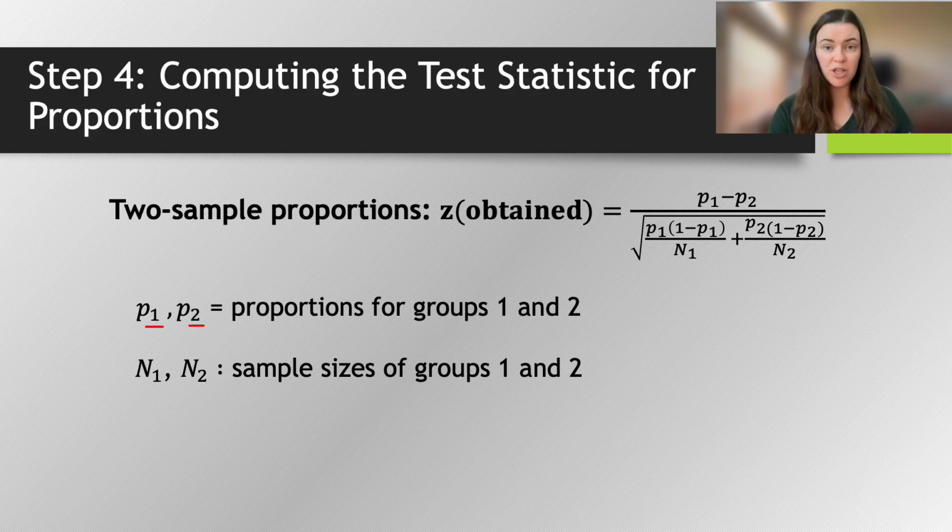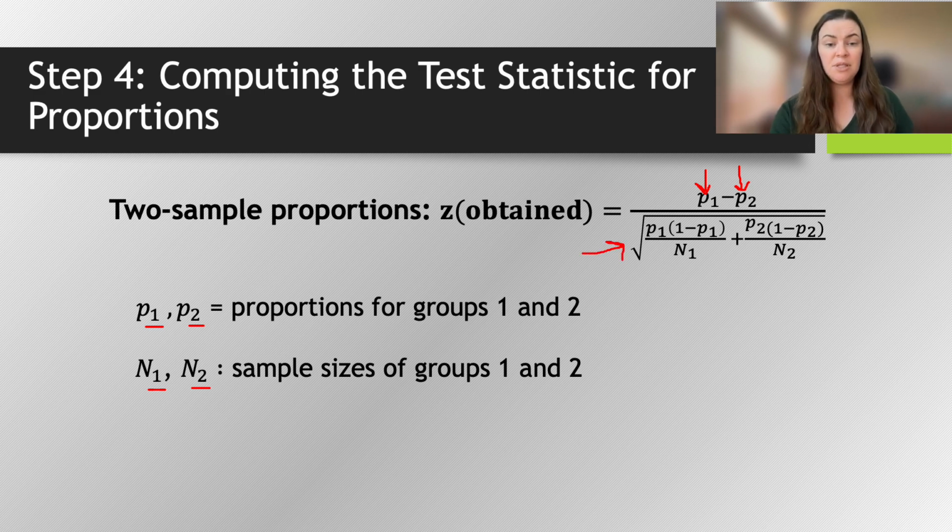The only other information that we need are the sample sizes for each respective group. And so N1 will designate the sample size for group 1, and N2 will designate the sample size for group 2. In our numerator, we see that we are taking the proportion of group 1 and subtracting that by the proportion of group 2.